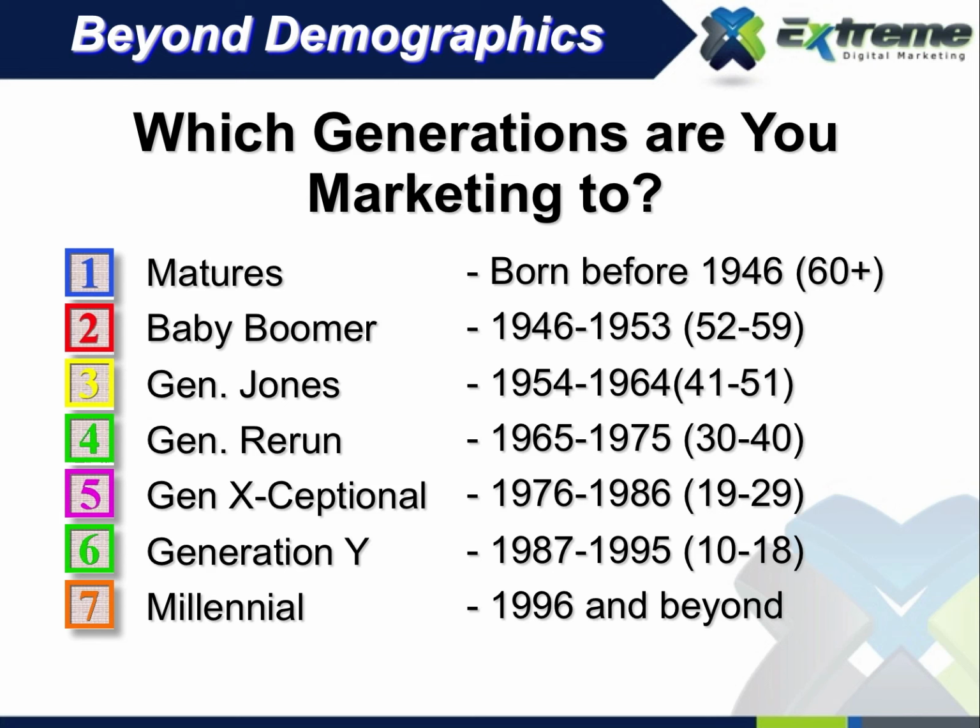So let's take a look at baby boomers, for example. If you're marketing to baby boomers, the first thing you need to know is that that's the largest single demographic segment that has ever pushed its way through marketing in the 6,000 years that we've been doing marketing. Another thing that's true is that for the most part, they're either completing their careers, which means that their earning potential right now is the highest that it's ever been in their lives.